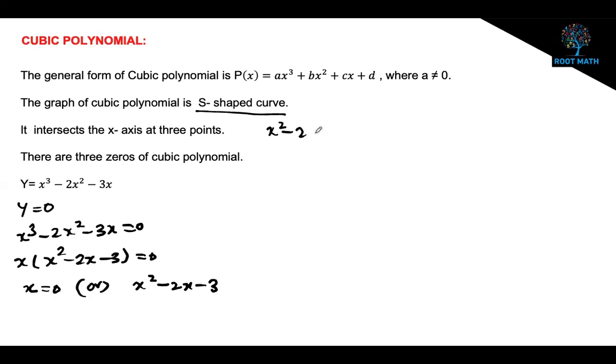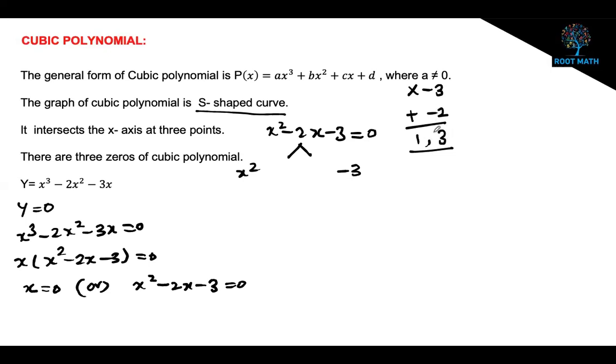x squared minus 2x minus 3 equal to 0. Here again we want to factorize this using the splitting the middle term method. I want to split the negative 2x. The product is negative 3 and the sum is negative 2. The two numbers are 1 and 3, and 1 times 3 is 3.